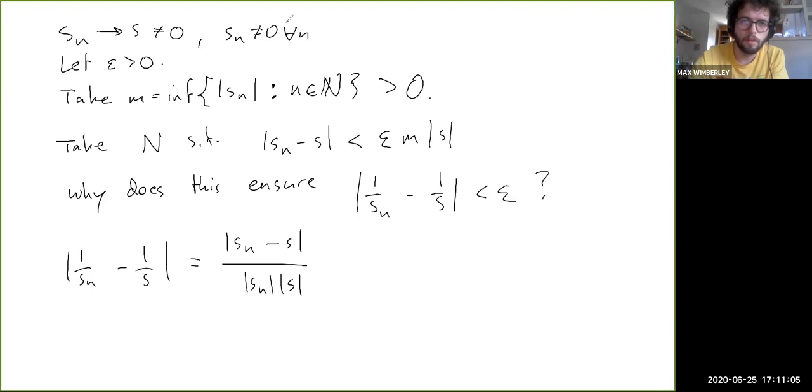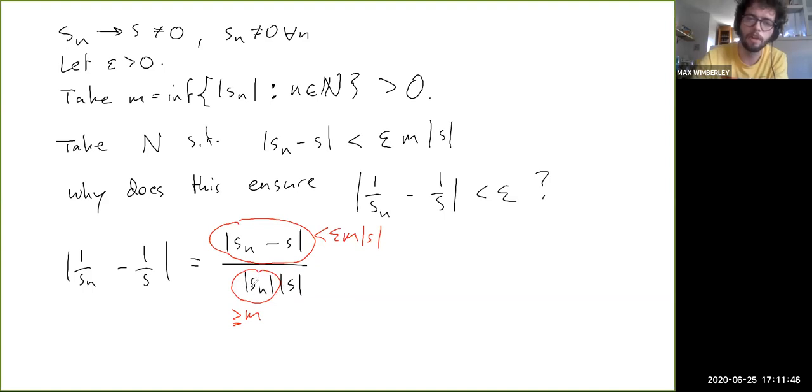Basically, because of the way we chose everything, we know that this part, the numerator, is less than epsilon times M times the absolute value of S, and this part, the denominator, is greater than or equal to M. So for the overall expression, if you make the numerator bigger, you make the overall value bigger.